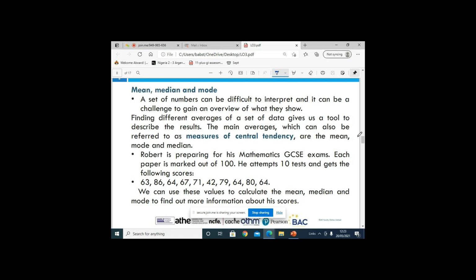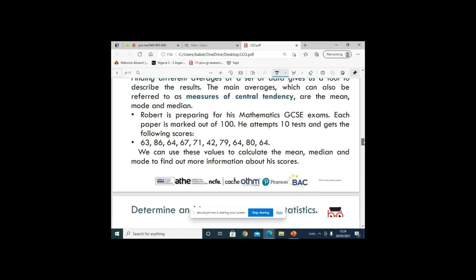He attempted 10 tests and got the following scores: 63, 84, 63, 86, 64, 67, 71, 42, 79, 64, 80, and 64. That's the score he got in the tests he did. So you can now find what will be the average? You will add them all together.